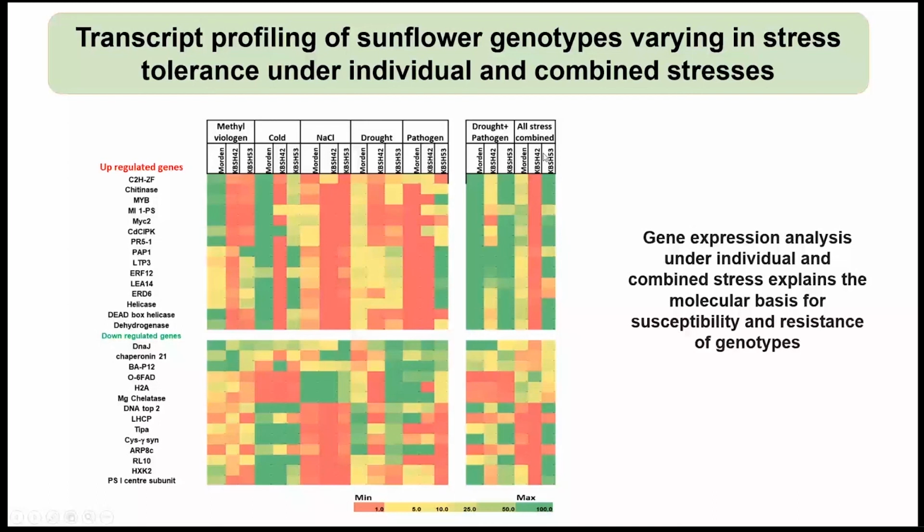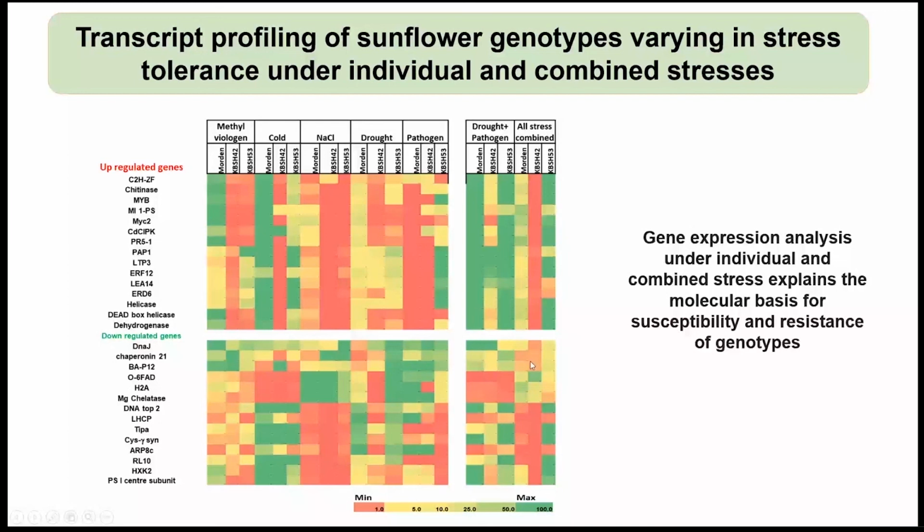Part of the data set I am presenting here in the form of a heat map. You can clearly see that wherever the resistant genotype is seen, the genes that we expected to be induced are shown induced, and the suppressed genes were suppressed. So this was very consistent with the data that we expected to be generated from these contrasting hybrids.